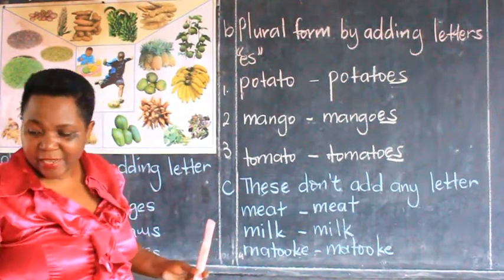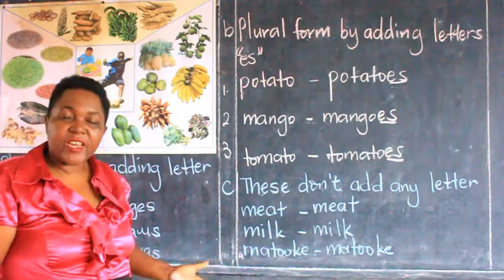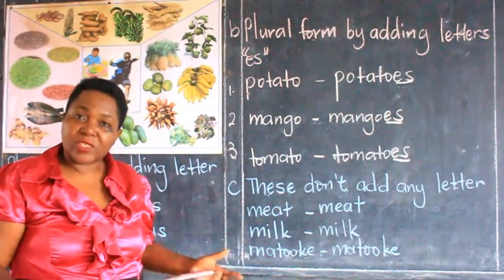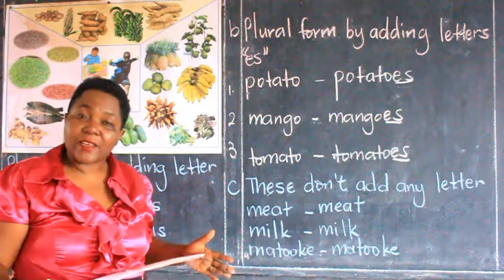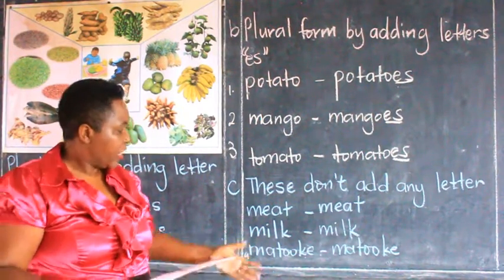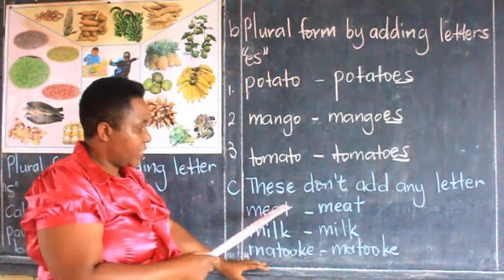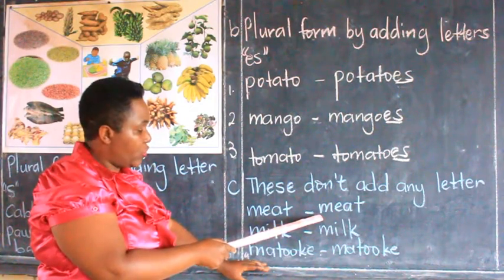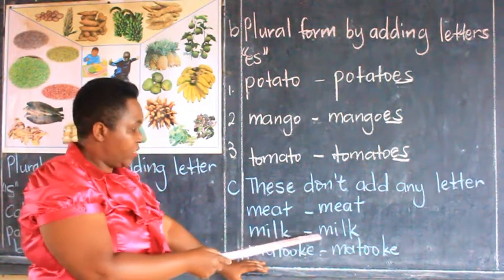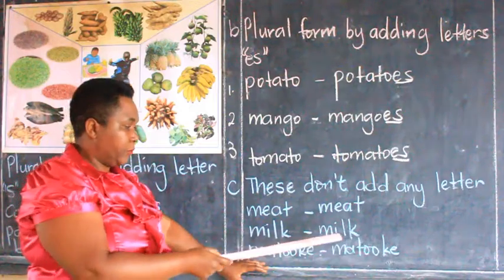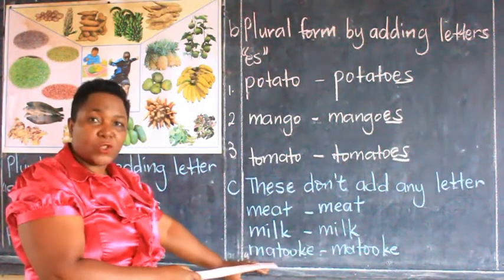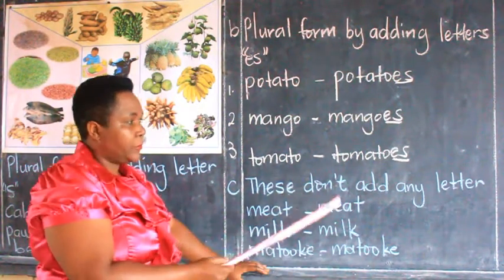They remain the way they are. And I said in most cases, such nouns are uncountable. We can't count them. I gave you an example of meat that remains as meat in its plural form. We have milk, it remains as milk. Matoke remains as matoke. We have sugar, remains as sugar.